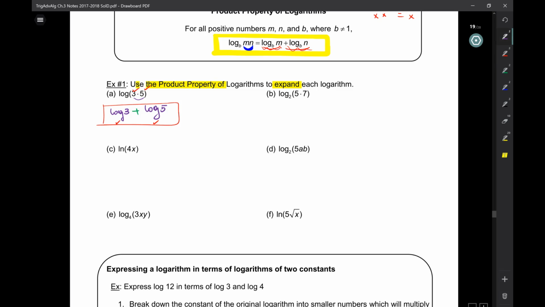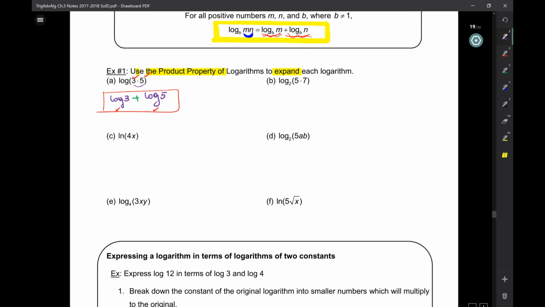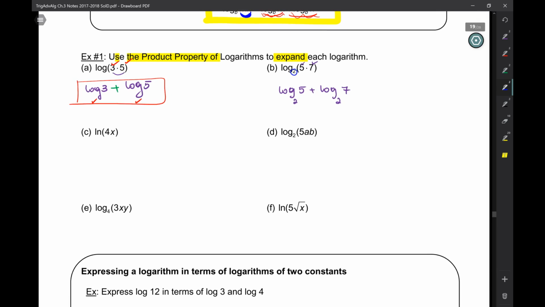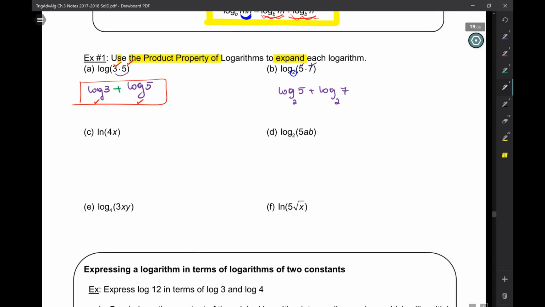Okay, so let's do this next one then. How many elements inside? 2. So we're going to have log base 2 of 5 plus log base 2 of 7, right? You've got the log, and the base 2 carries along. That's it. You can't simplify this anymore. All right, here, how many elements are inside? 2.